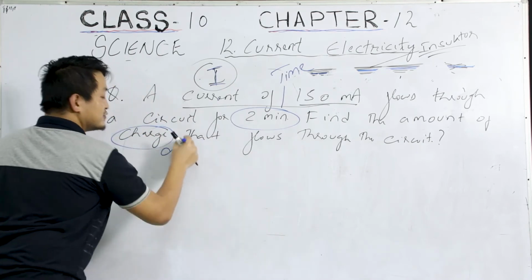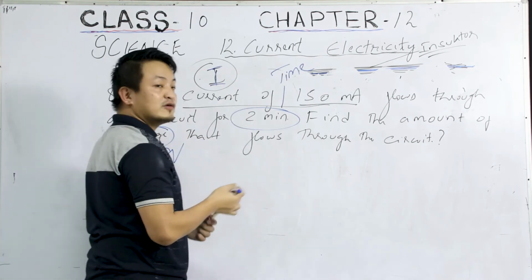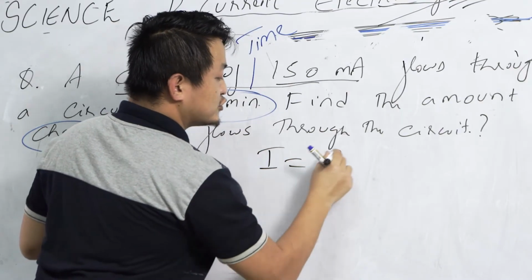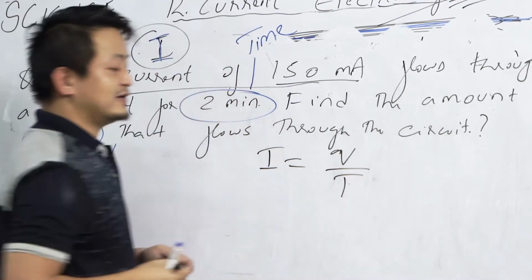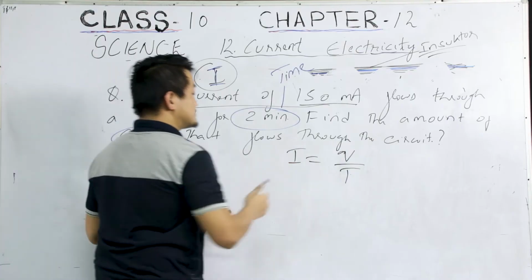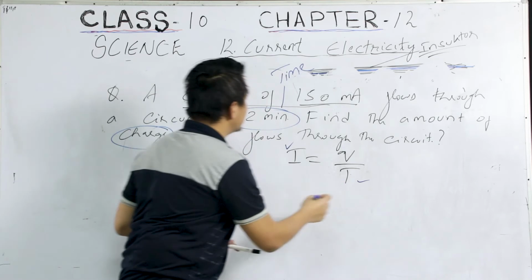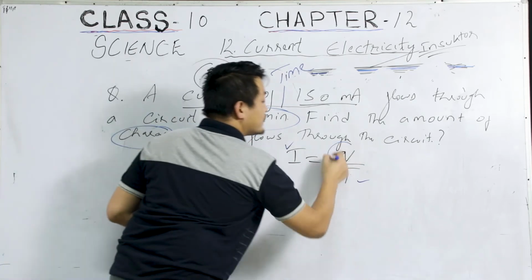They are asking Q. Just now we have studied one relation, that is I is equal to Q by T. We have these values, and we have to find this one.